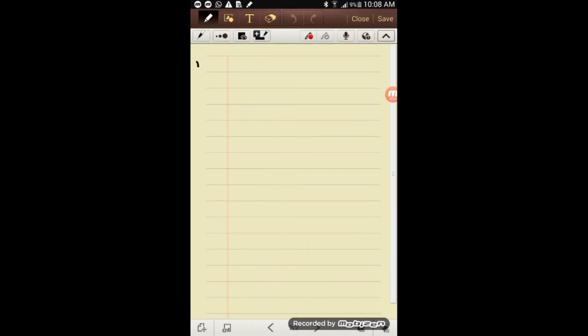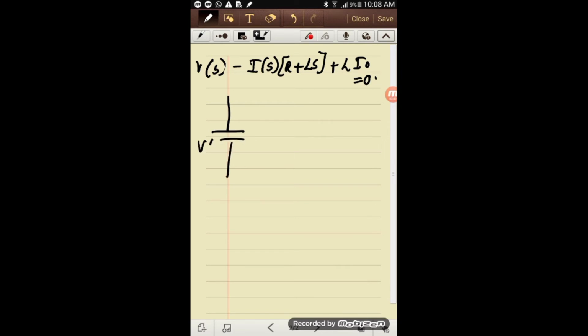So we'll once again write the equation. V of s minus I of s into R plus Ls plus Li0 equal to 0. For this KVL equation we will draw the circuit. So this is V of s and I of s, we are putting the direction like this, clockwise.